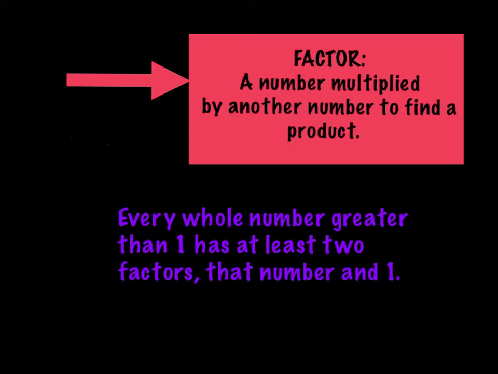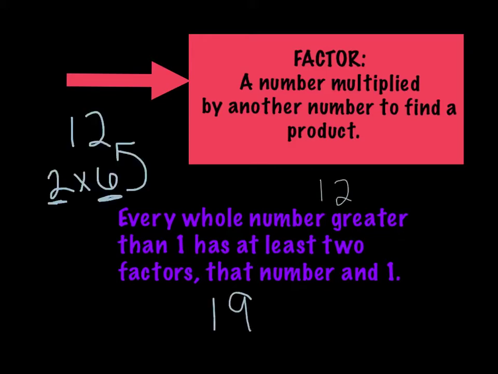Now here is some important information about factors. Every whole number that's greater than 1 has at least 2 factors. It's going to be that number and 1. So here's an example. If I have the number 19, I can say that the number 19 will have at least 2 factors.